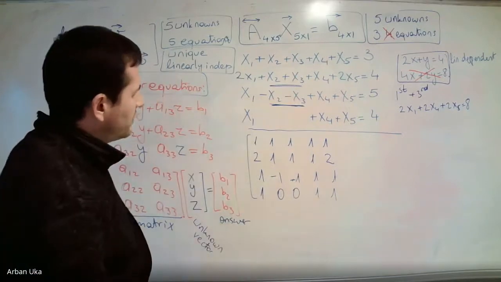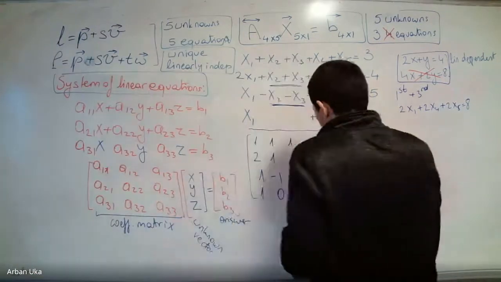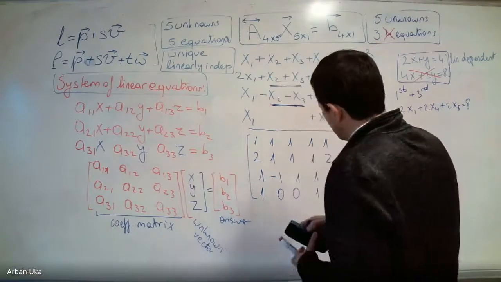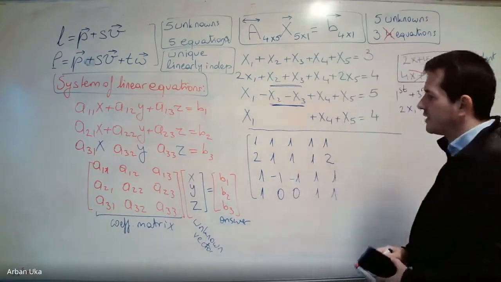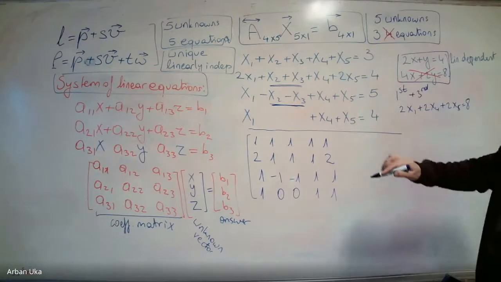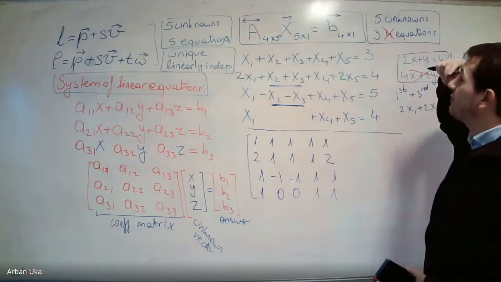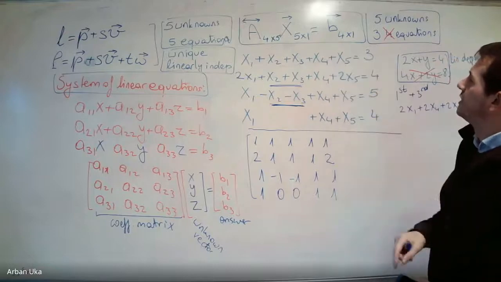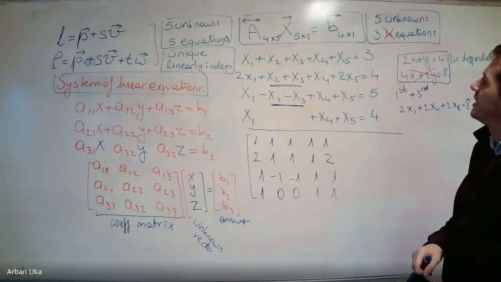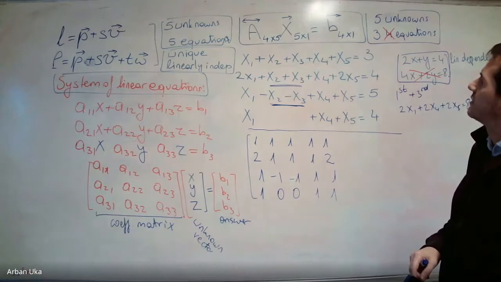Whenever we have this coefficient matrix, we try to use a term which we call the augmented matrix. So for example, if we have AX equal to B, let me say, wait a second, so we can augment.